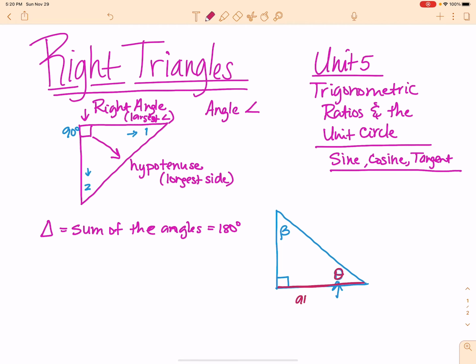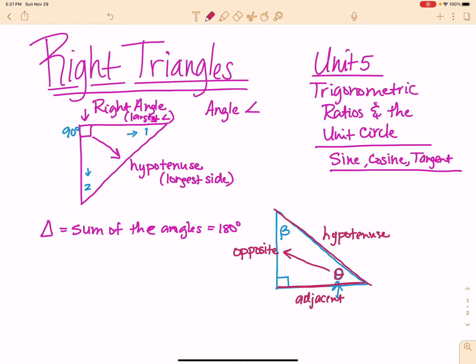So this is the adjacent side, and the side opposite it is the opposite side. Isn't that funny how words are? The reason we are not addressing this side is because it is always the hypotenuse. It doesn't have another name.